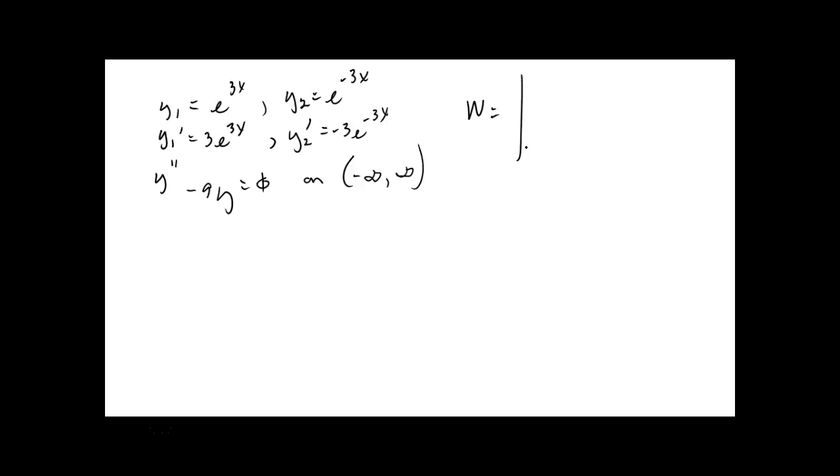It's a determinant of the top row is the functions, e to the 3x, e to the minus 3x. The second row is the first derivatives, 3e to the 3x, minus 3e to the minus 3x.